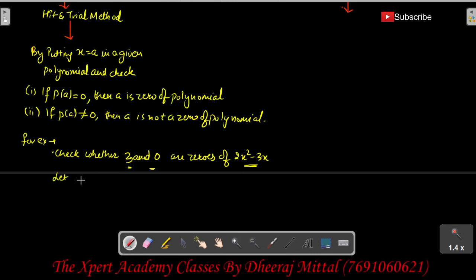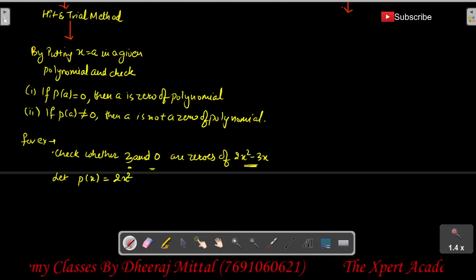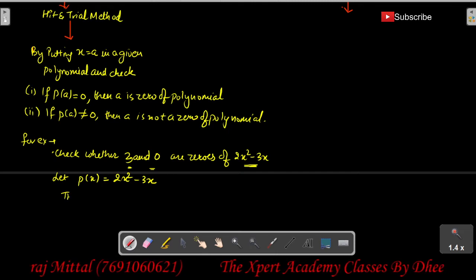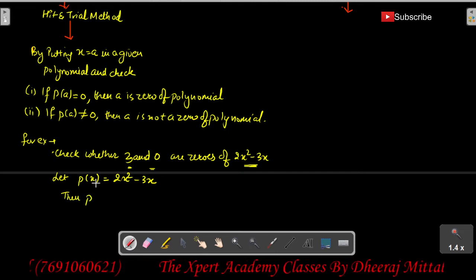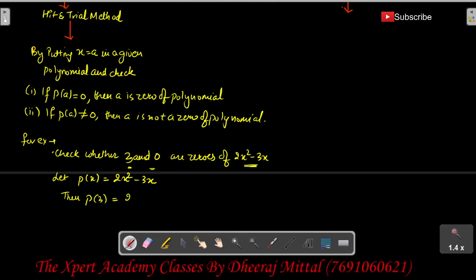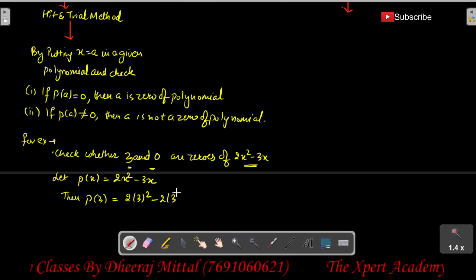Let P(x) be equal to 2x square minus 3x. Then we put 3 in place of x. So that is equal to 2 into 3 square minus 3 into 3.